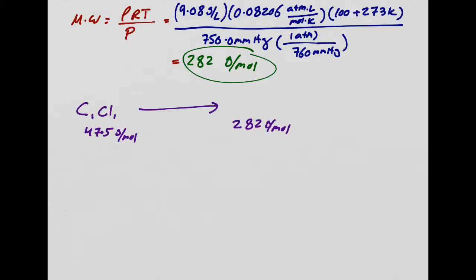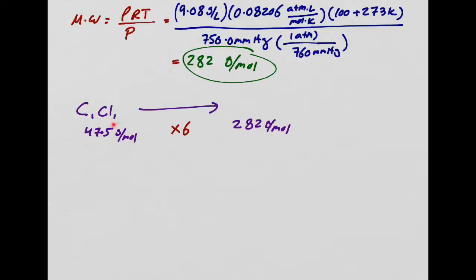Okay, so my simplified formula has a molecular weight of 47.5, but my actual formula has a molecular weight of 282. How do I get from 47.5 to 282? Divide 282 by 47.5. When you do that, you will see that you would achieve that if you multiply it by 6. So this is the actual molecular weight, and this is the simplified molecular weight.